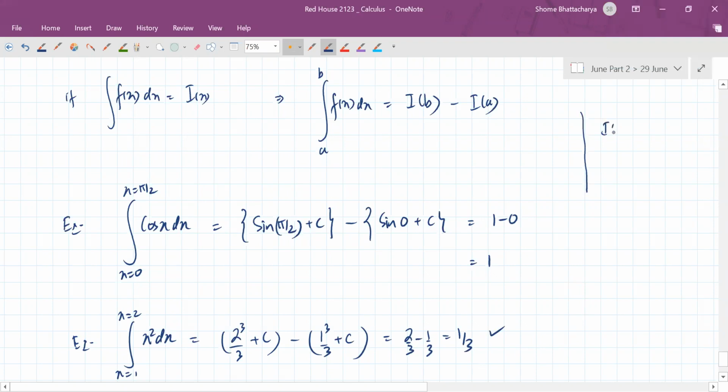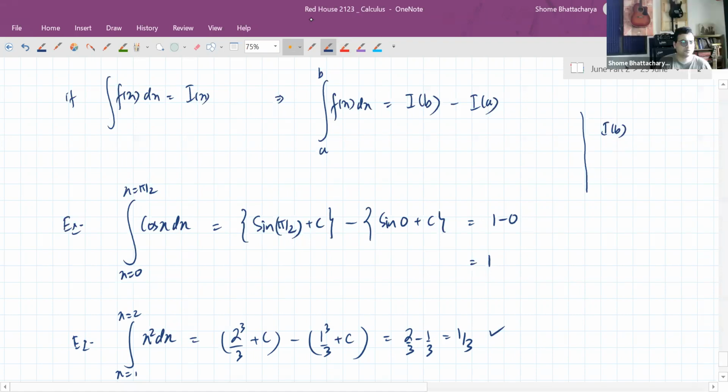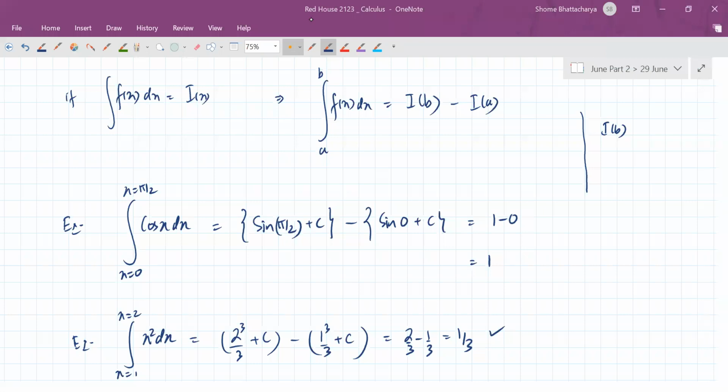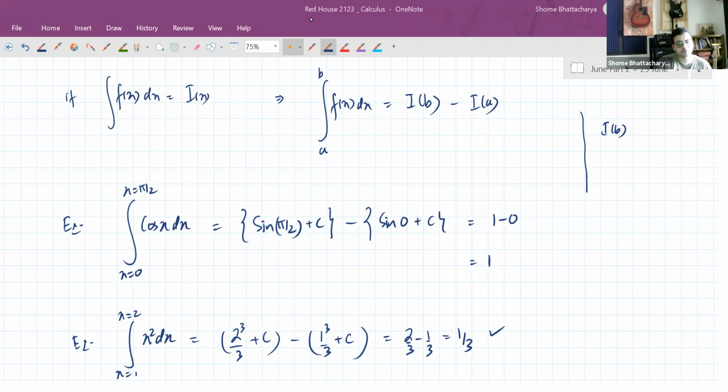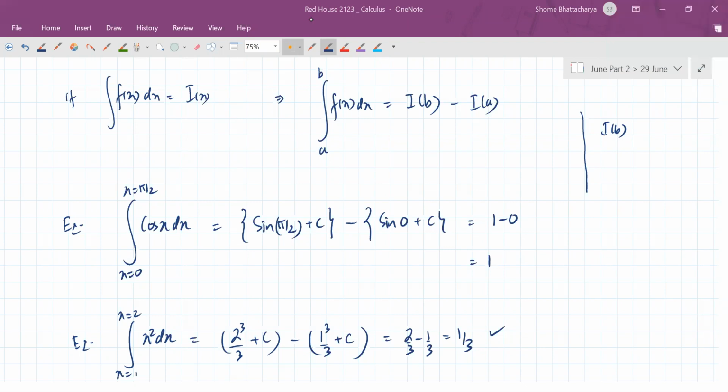So if we are calculating the area between the upper limit and the lower limit, then what is the unit of the answer we get?